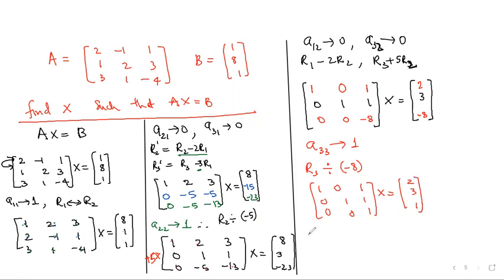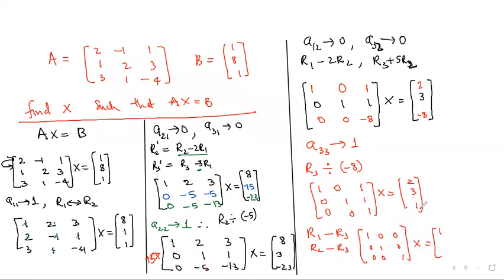Only 2 steps: R1 minus R3, R2 minus R3. I have to use R3 here. Don't use R1 minus R2. If you do R1 minus R2, the 0 will go away. No need of any calculation now, because what we wanted we already achieved. Only the calculation is this last one.